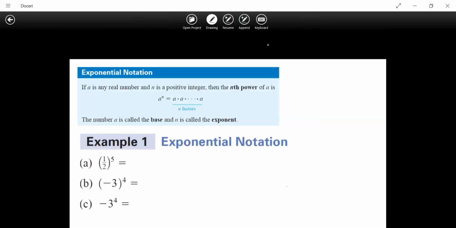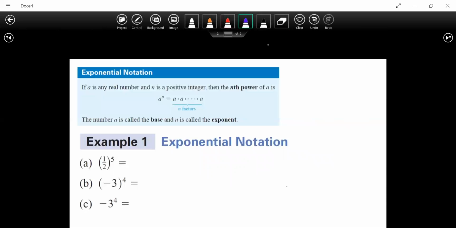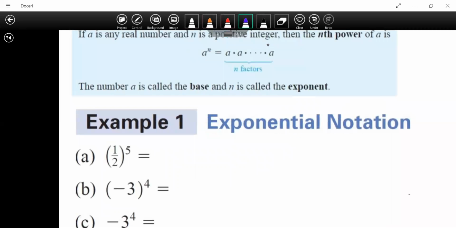If we're going to be applying some of these, and I think we already did these, right? For these, our base number is a half. Our base number is a half, and the exponent is 5.